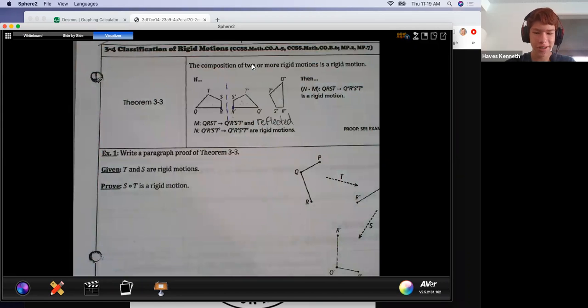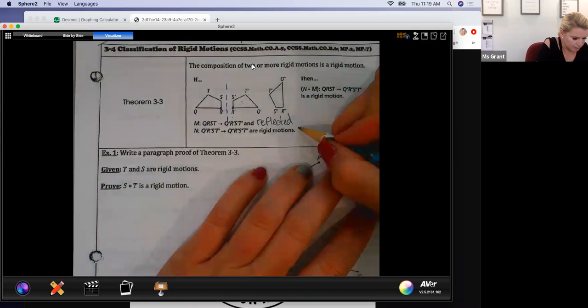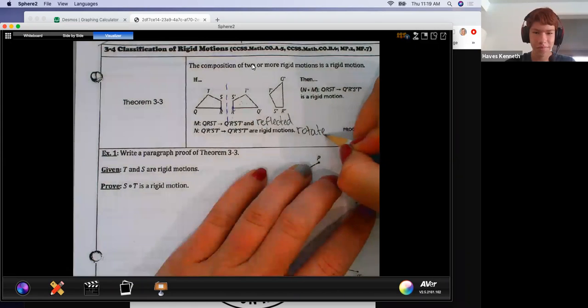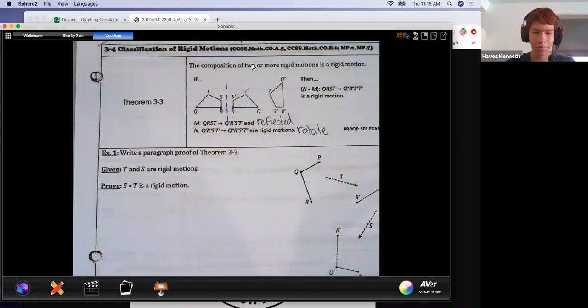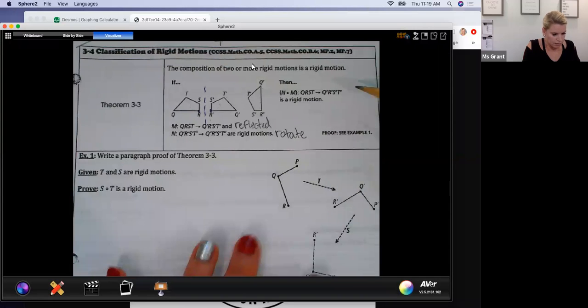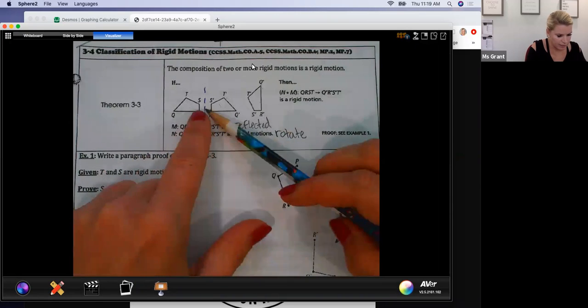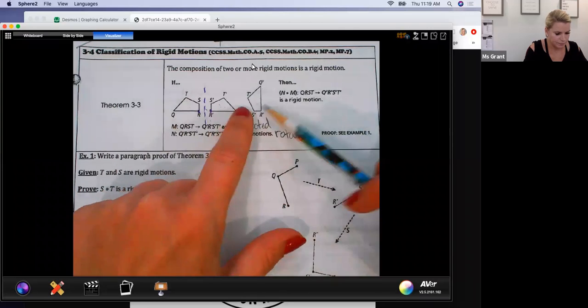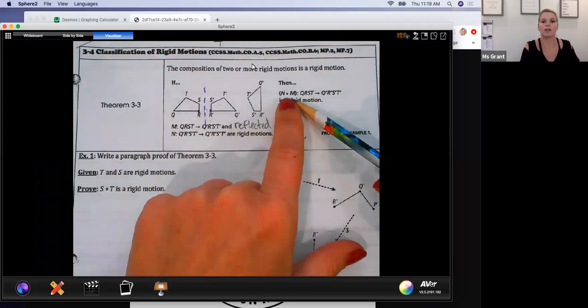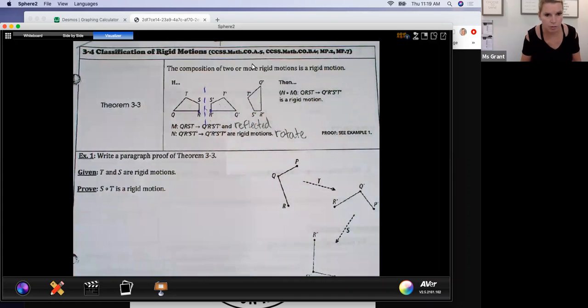It was rotated. Yep, good, rotated. All right, so nice. Therefore, the first movement, the reflection, and then the rotation, the composition is called a rigid motion, a rigid motion.